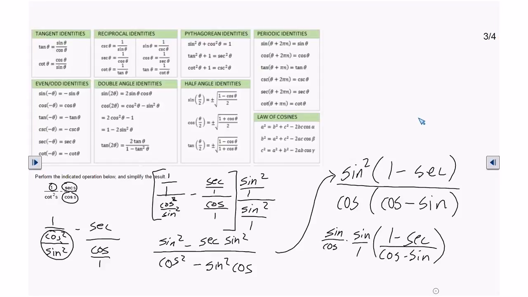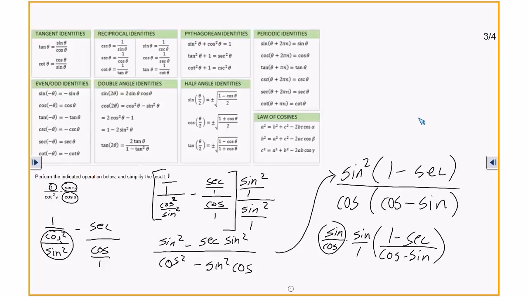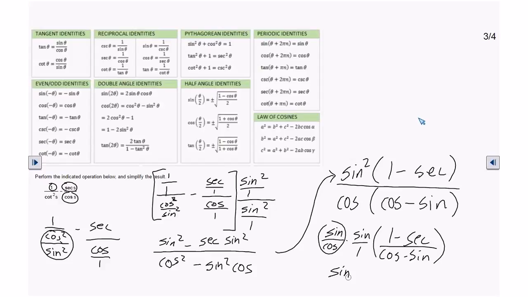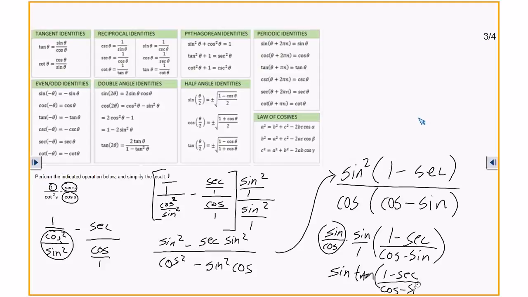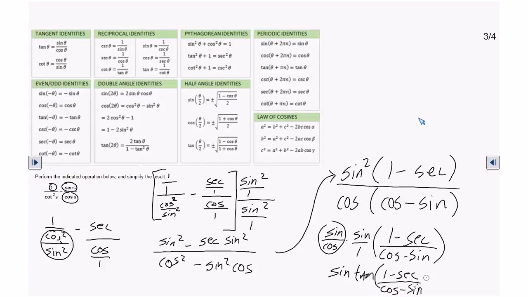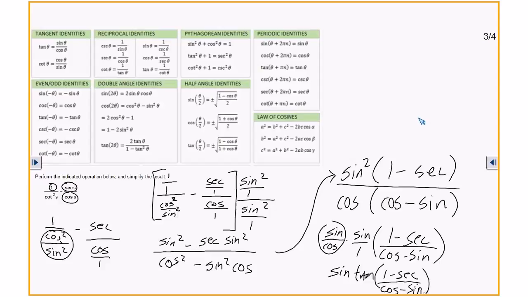And here we get tangent sine over cosine, so that's going to be tangent sine, sine tangent, 1 minus the secant over cosine minus the sine. Okay, so that's not good. So we know we've taken a wrong turn. So what do we do? We erase everything and try again.